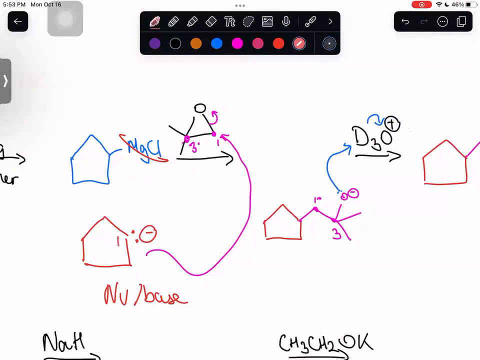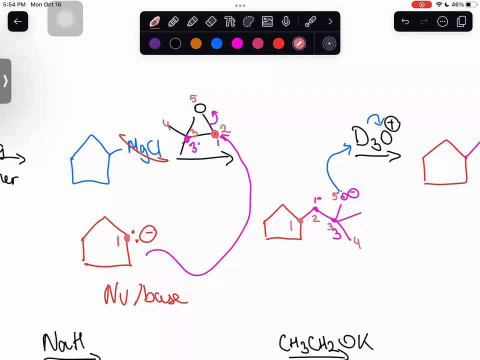Okay, let's say that this guy is going to be carbon 1. Then, since I'm connected to the primary one, this guy is going to be my carbon 2. Then I have 3, 4, and then let's say that the oxygen is just 5. So I have 2, 3, 4, 5.